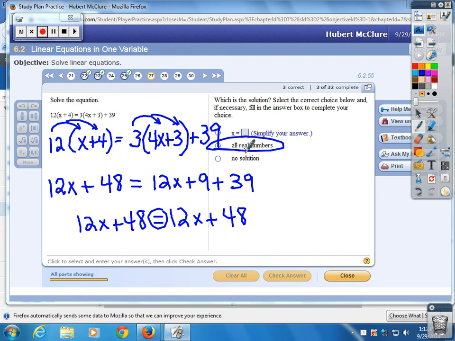Might as well do his calculator. 120. 6 times 4? 27 times 3? 81. 81 plus 39? Same thing. That's what it means. And you feel good about yourself.